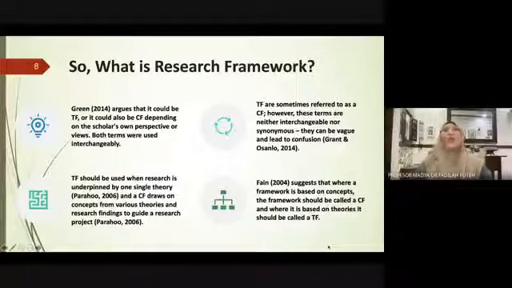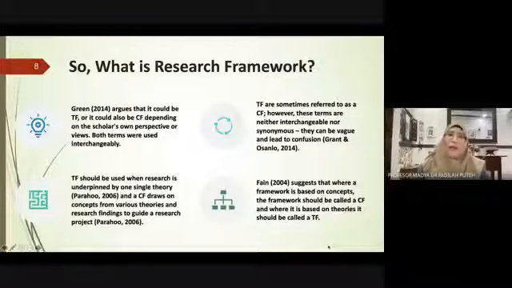So, taking into account these arguments from various scholars, when I did my PhD, after thorough discussion with my supervisors, I decided to use the term research framework for my study. The same idea I also conveyed to my student, and my student used the term research framework.